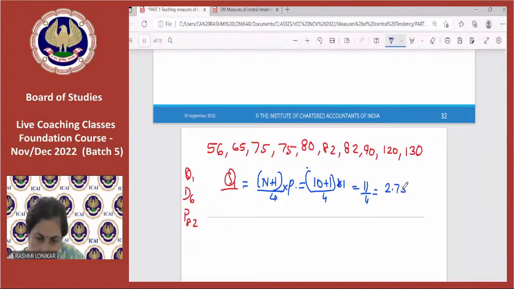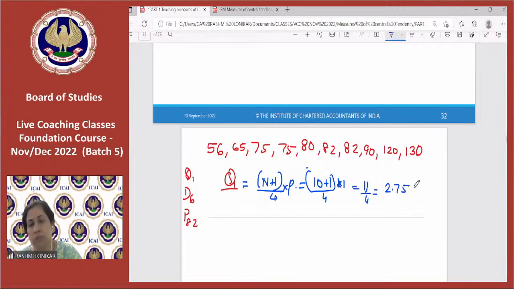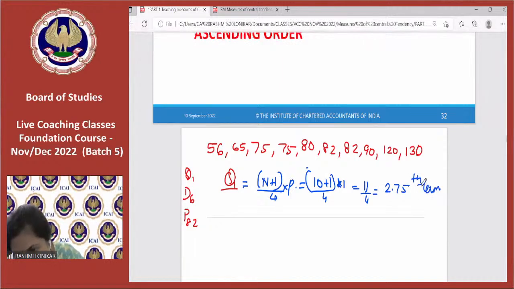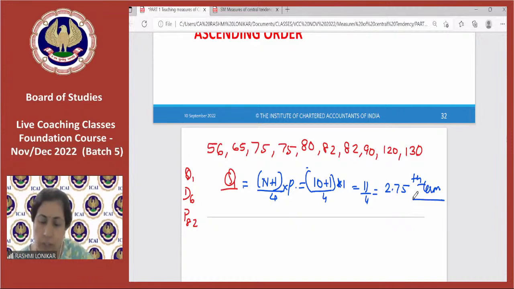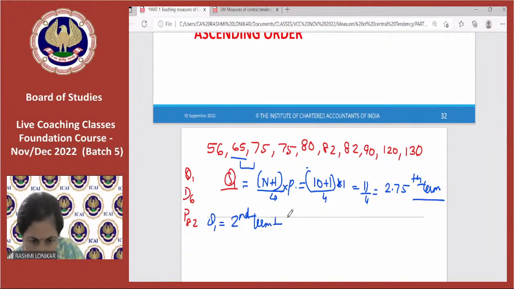This is 2.75. Now this is a term, the 2.75th term. What is the second term? 65. And what is the third term? 75. So Q1 will be equal to the second term plus 0.75 into (third term minus second term).